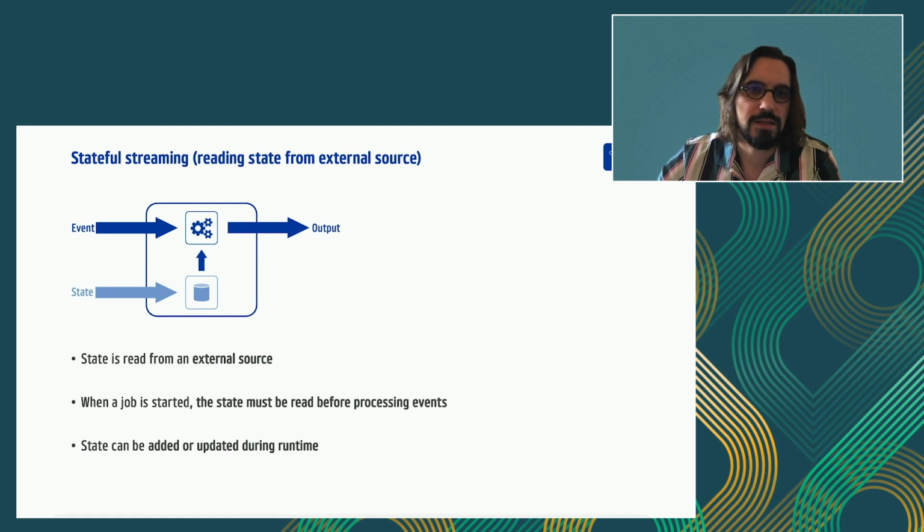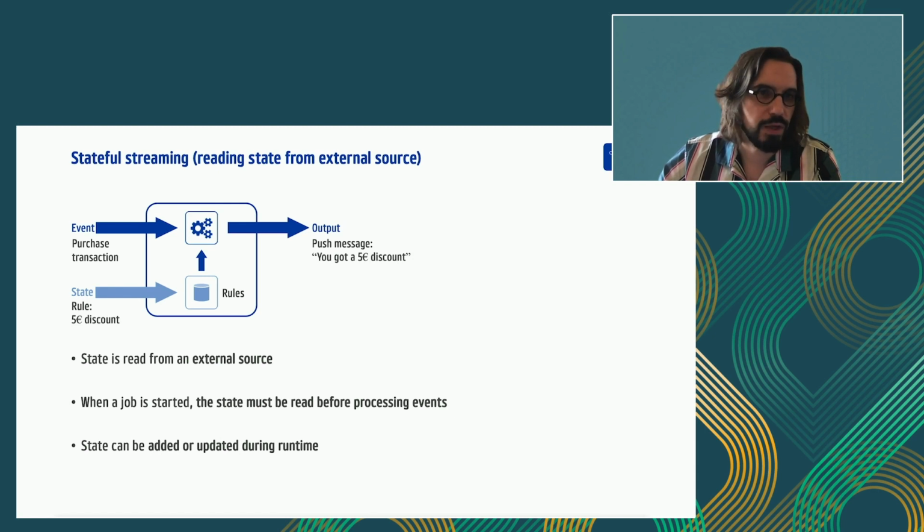This means that every time we start our Spark streaming job, we need to make sure that we read the state coming in from an external source and that the state is all consistent and ready before we start processing events. And that has the big advantage for us that we then can change the state during runtime. So we can have a certain state when we start up and then sort of on the fly change it as we go along.